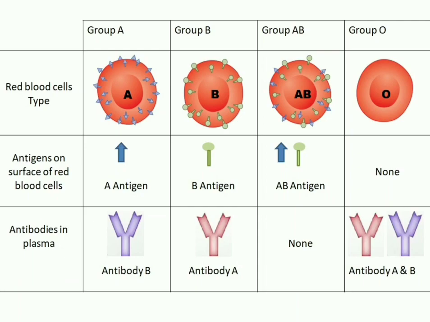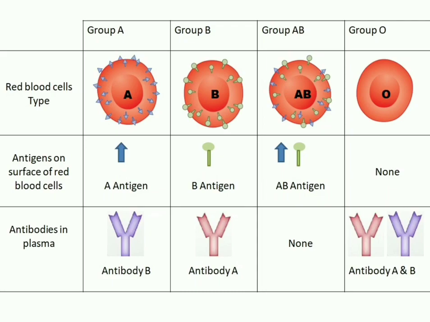Here we can see in a table that antigen A is present on the surface of group A and anti-B is present in the plasma. Likewise, group B contains B antigen on the surface of the red blood cells and antibody A in the plasma.